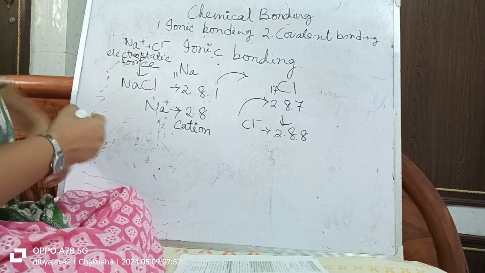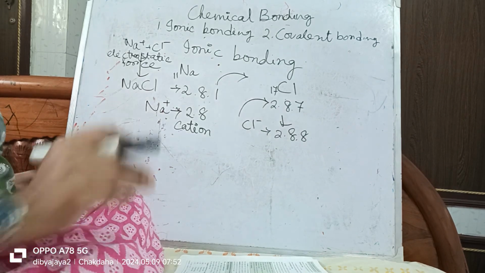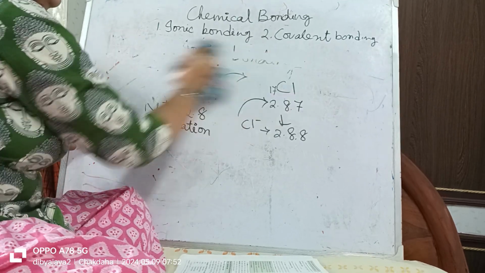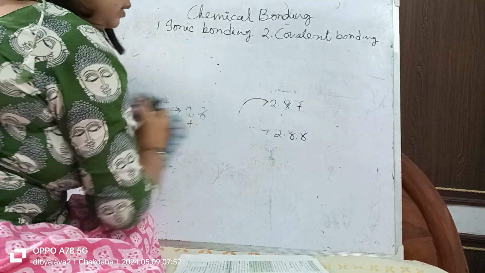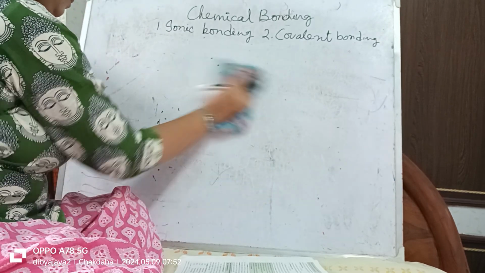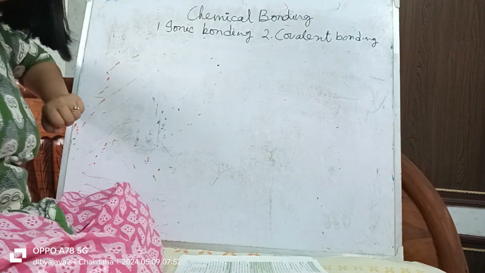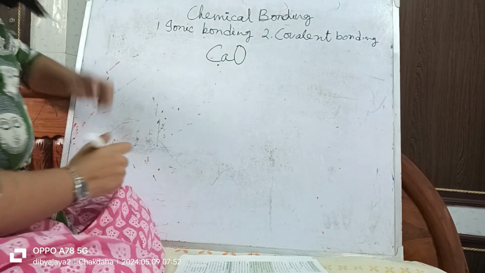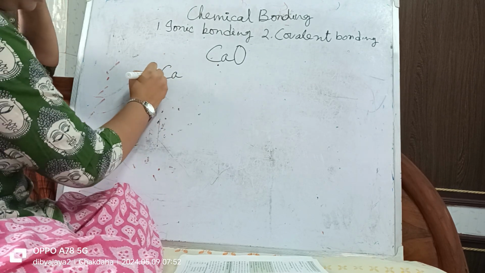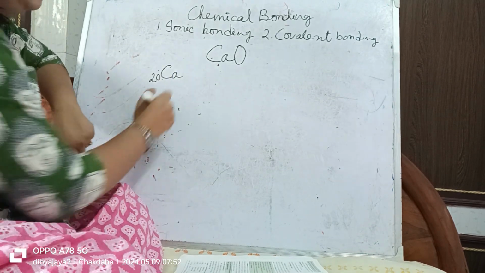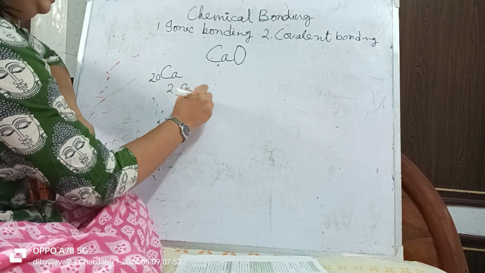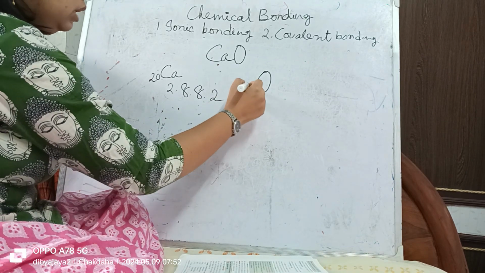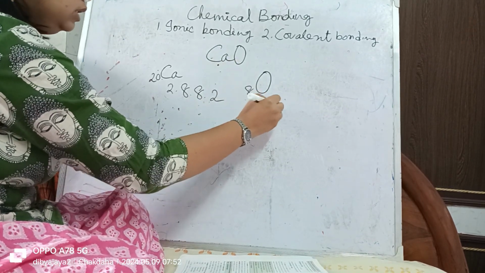Okay, so next we will discuss another ionic compound, calcium oxide. Calcium has atomic number 20, so 2, 8, 8, 2, and oxygen is 2, 6.